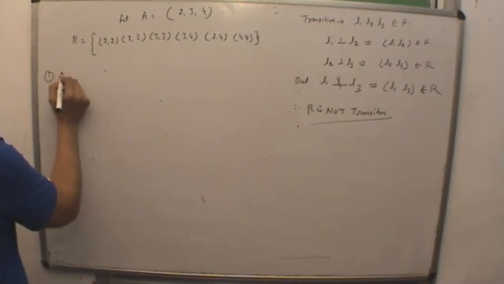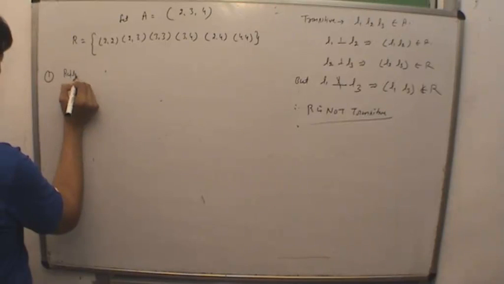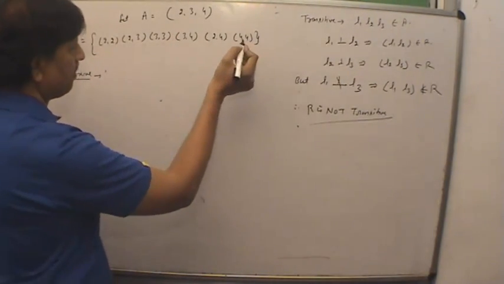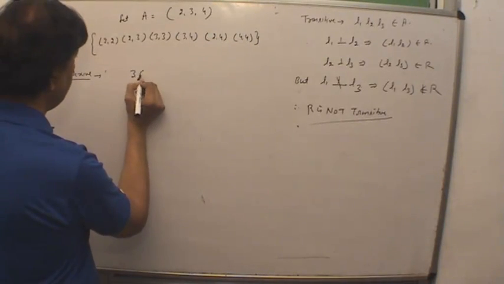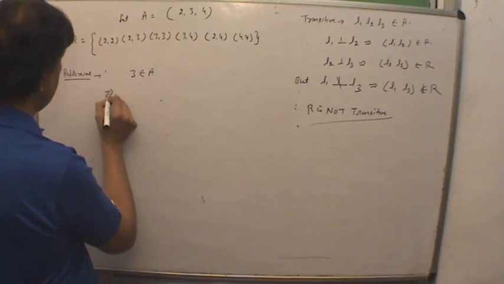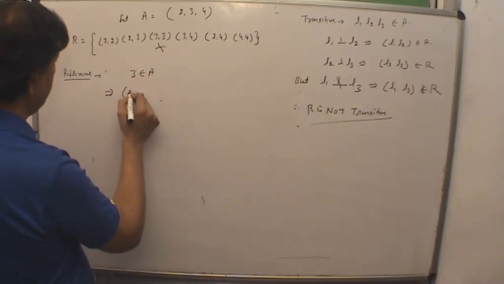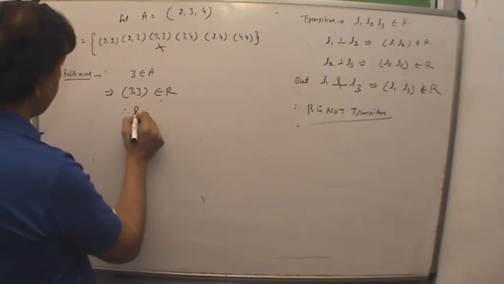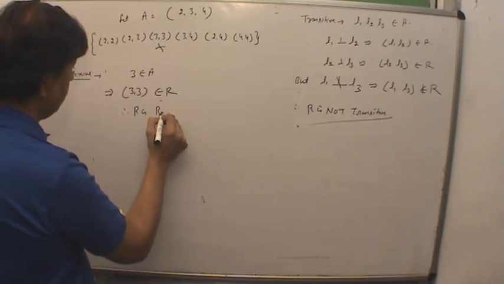First of all, for reflexive, we require only one member. Consider any member, say 3 belongs to A. Here (3, 3) belongs to R. Therefore, R is reflexive.